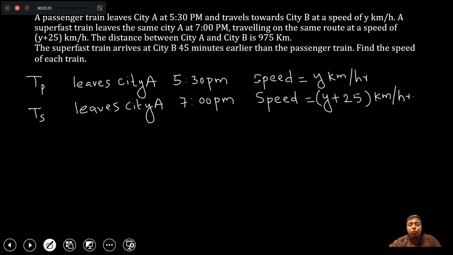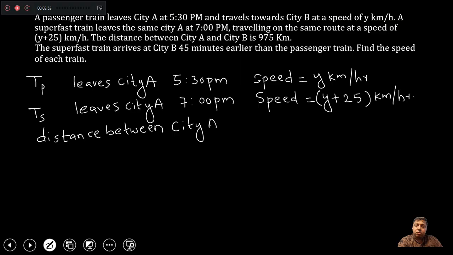Now the distance between city A and city B is 975 kilometers. They have also said that the superfast train arrives at city B 45 minutes earlier.